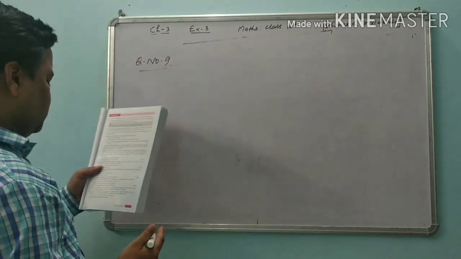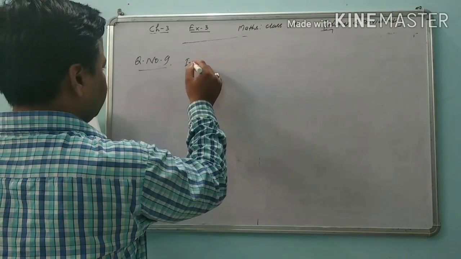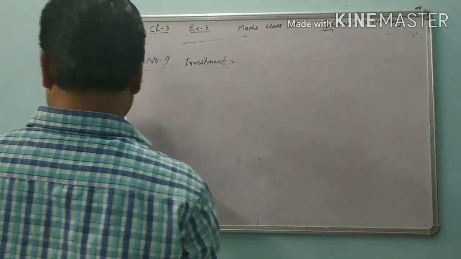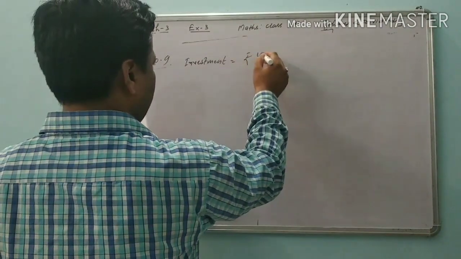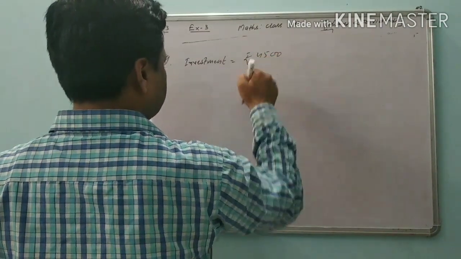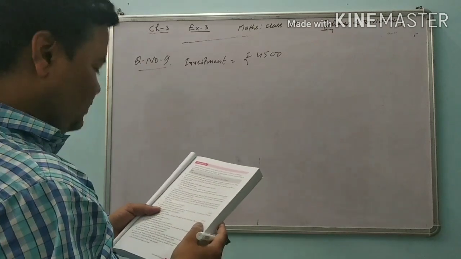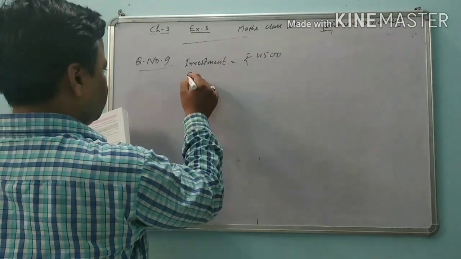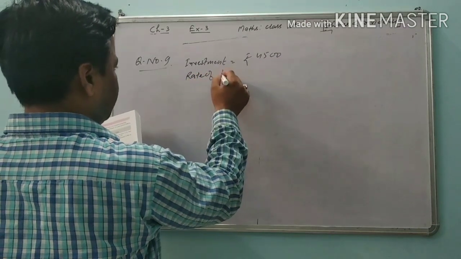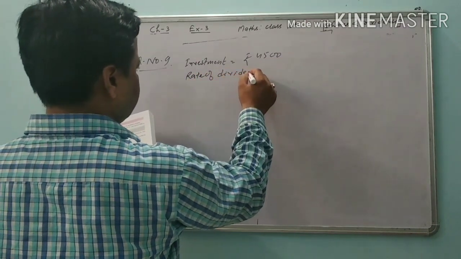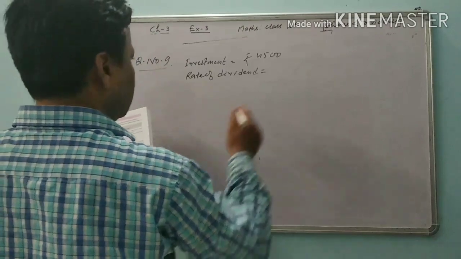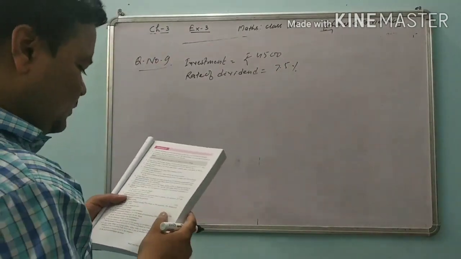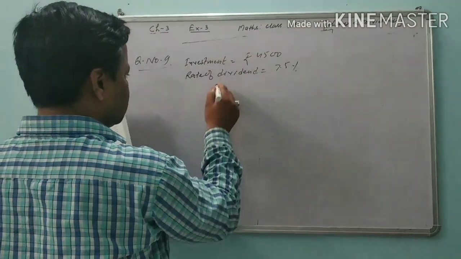So according to this, the investment is rupees 4500, and paying means the rate of dividend is equal to 7.5%. If rupees 100 shares are given, that means the face value is rupees 100.